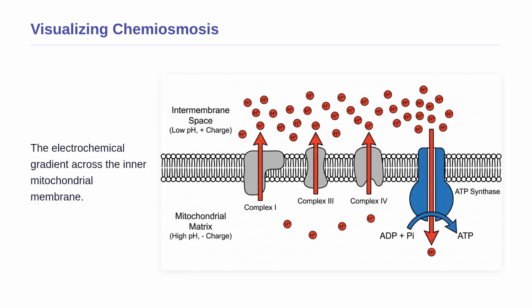Below the membrane is the matrix, which has very few protons. The membrane itself acts as the dam. On the far right, you can see the ATP synthase enzyme. The protons flow down through this channel, and as they do, the bottom portion of the enzyme rotates, snapping ADP and phosphate together to form ATP.